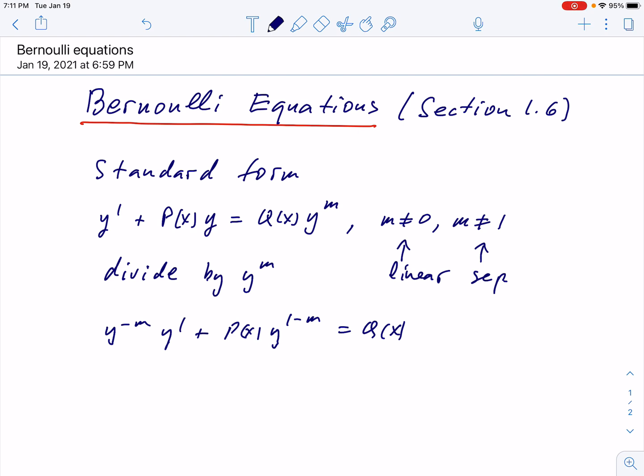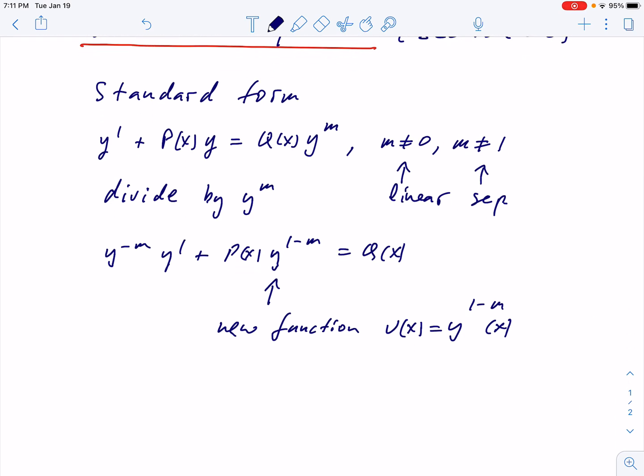In this situation we look at the middle term, and the function which appears here we call a new function. The new function will be v(x), which is y to the power 1 minus m of x. And then we have to rewrite the entire equation in terms of v. The equation will become a linear equation. We will solve this equation and then return to the original function y.